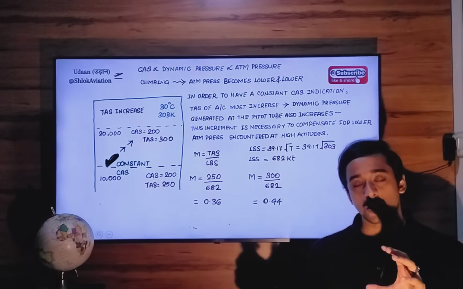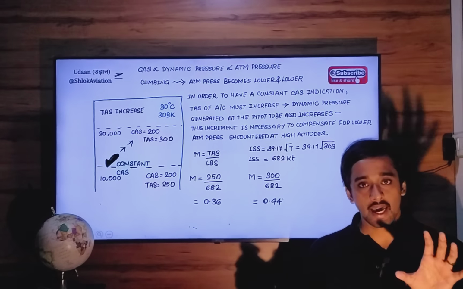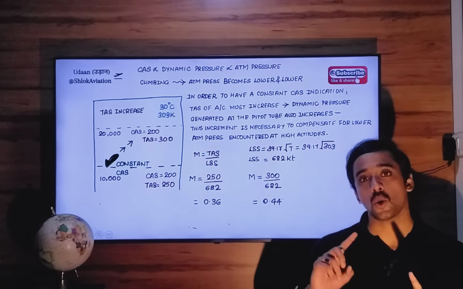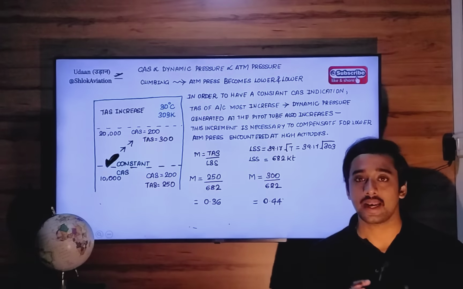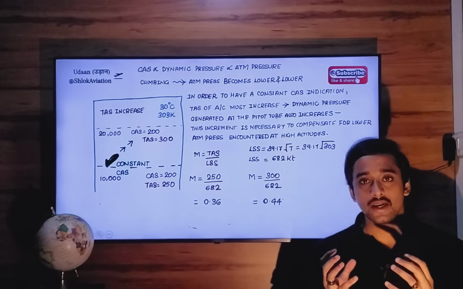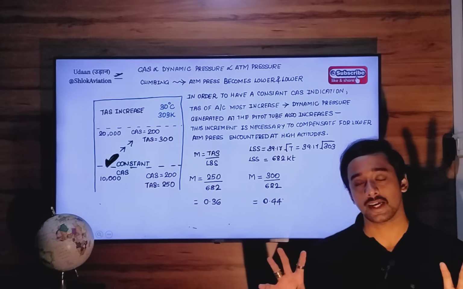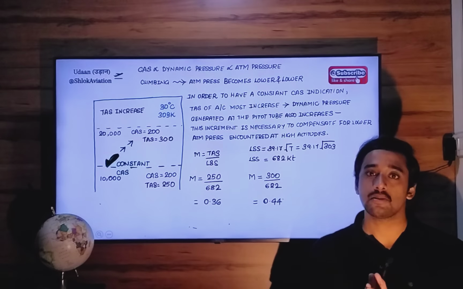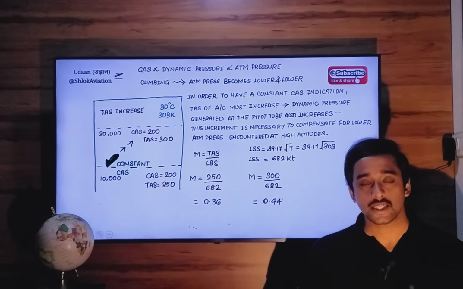Pitot pressure sensed by the pitot tube is a combination of dynamic and static pressure, and static pressure is also separately given as an input to the airspeed indicator. The resultant output is dynamic pressure.